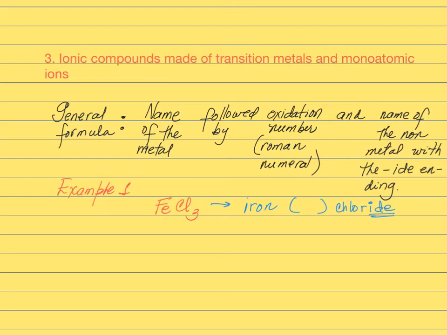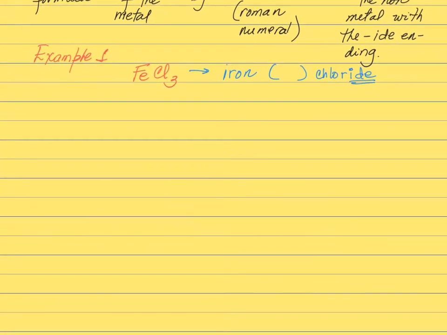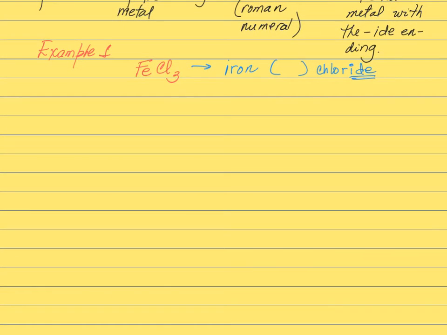Now, once you have the name of the metal and the non-metal with the ending IDE, we're going to concentrate on finding the oxidation number of the transition metal. And I have three approaches. We're going to start with the first one. The first one is trial and error.